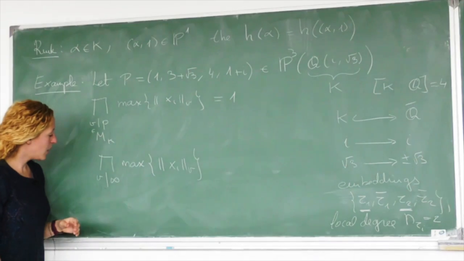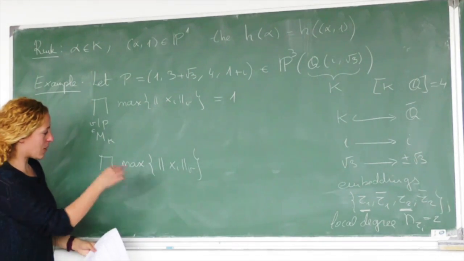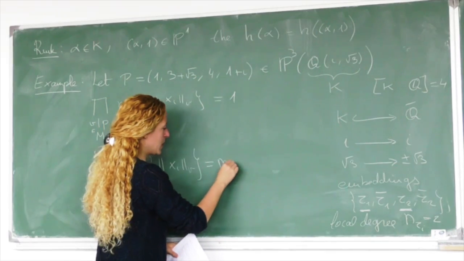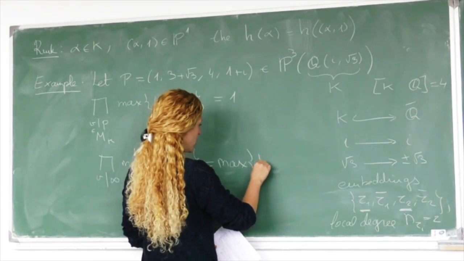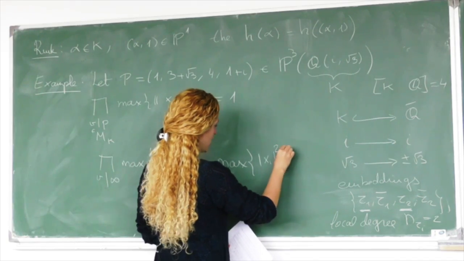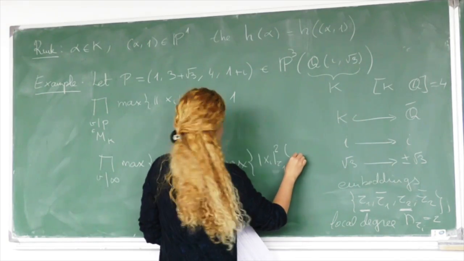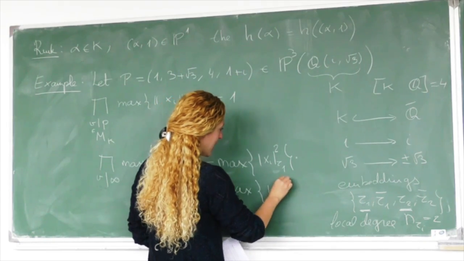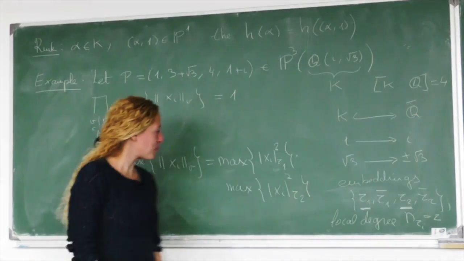So let's go back. So basically, I have those two embeddings. So this is going to be equal to the maximum of x_i tau 1 squared times the maximum of x_i tau 2 squared. Okay.